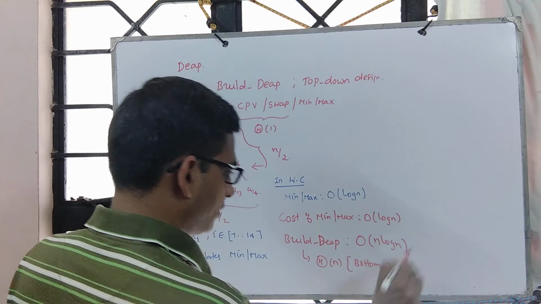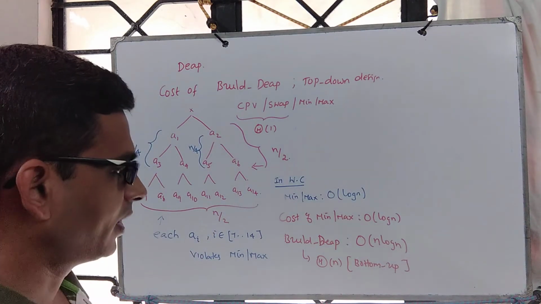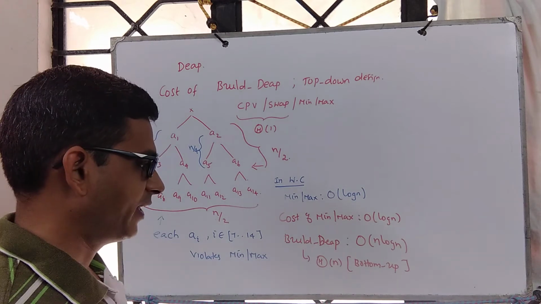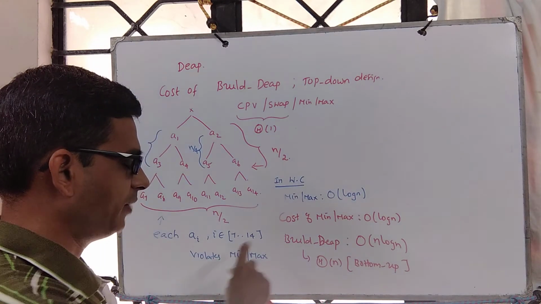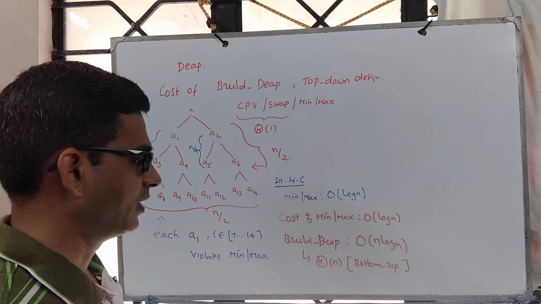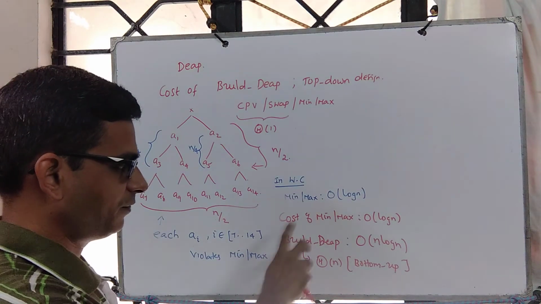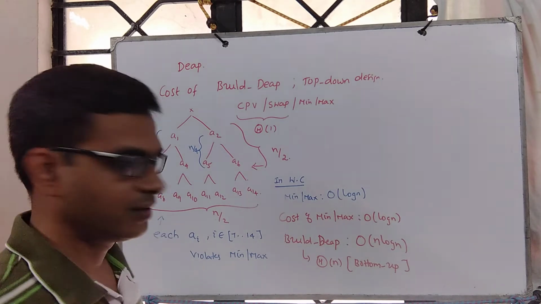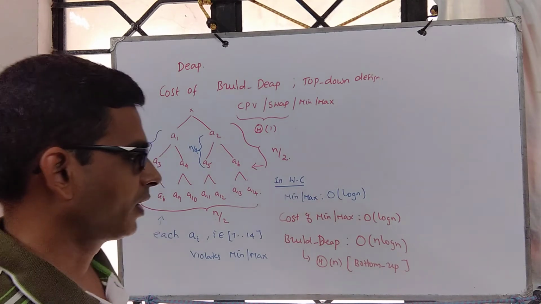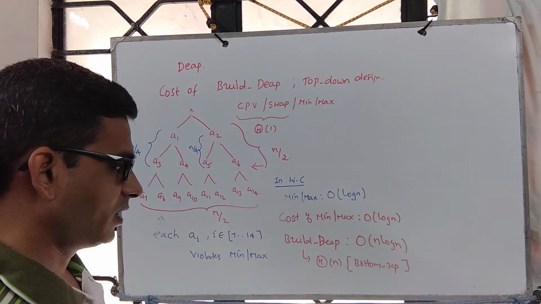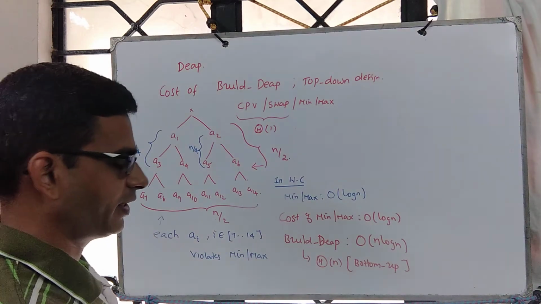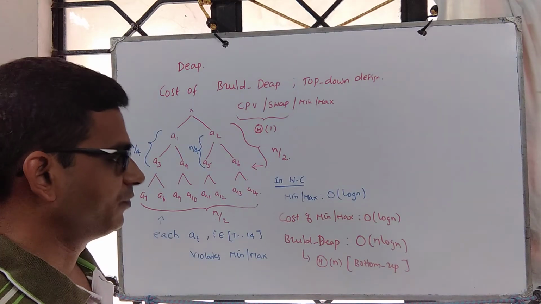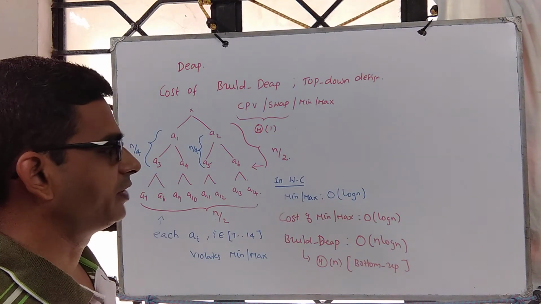So can we somehow modify the bottom up approach that we discussed for heap and fine tune it and then bring in min, max and correspondence property so that on the fly if that check is done then we can build deap in theta of n time? So answer is yes, one can think over it and then try to get an algorithm which will build deap following bottom up design in theta of n time.